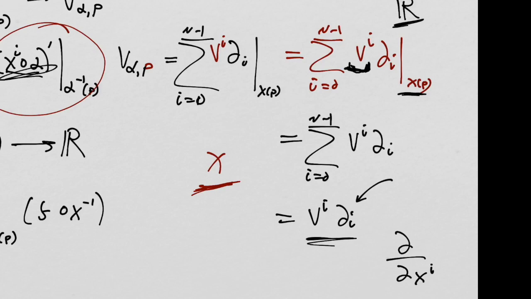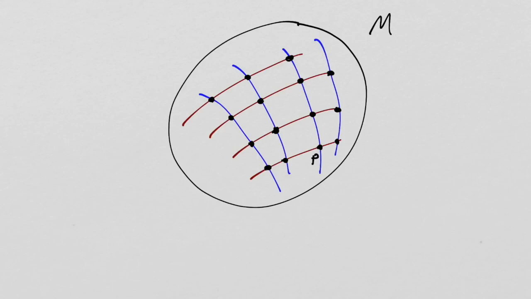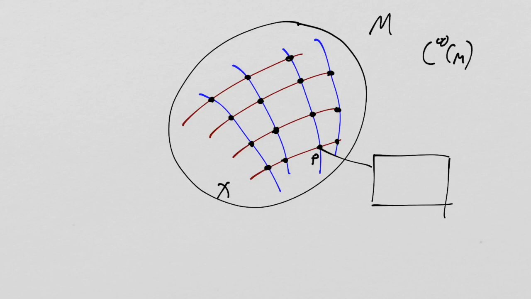Now, where do we stand? Well, we started with our manifold. We identified the coordinate system on the manifold, which I guess we called x. And then at each point, we realized, hey, we know that we have the set of all functions on the manifold.